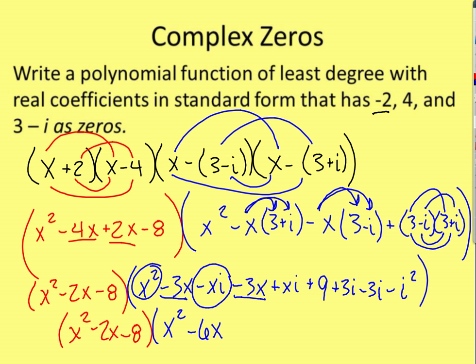I have a -xi and a +xi, so those are going to cancel. I have a positive 3i and a negative 3i, so those are going to cancel. And remember, i squared is negative 1, so I can replace this with a negative 1. So we have a positive 9, negative 1 turns out to a positive. So we have a plus 10.